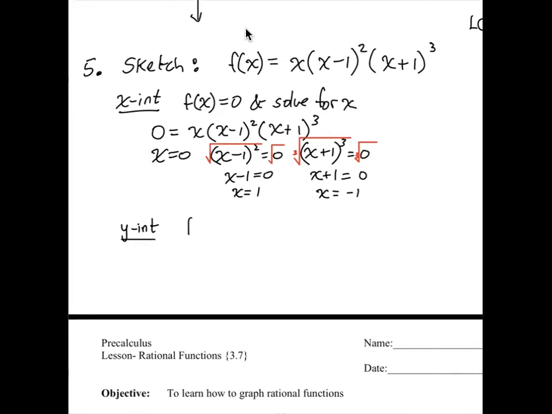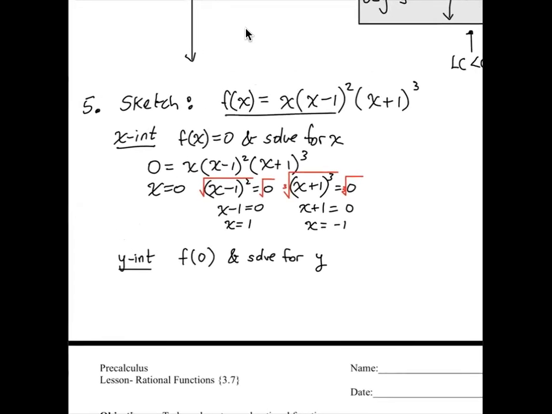That's where you find the result of f of 0. So that means replace every x with a 0 and solve for f of x. But I'll keep it simple. I'll just say solve for y. So our original function, again, I'm going to replace each x with a 0 and solve for this.